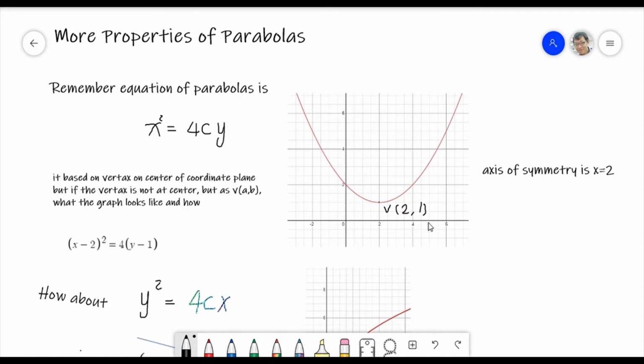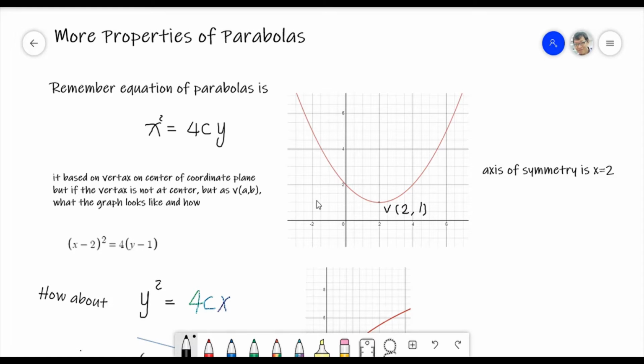This can be anything, A, B, C, D. So how should the formula look? Since the vertex x-coordinate is 2, it's x minus 2 squared equals 4c, and 4c here is 4, and then y minus the vertex y-coordinate, 1. Got it? If there's a change in the vertex, the formula changes this way.